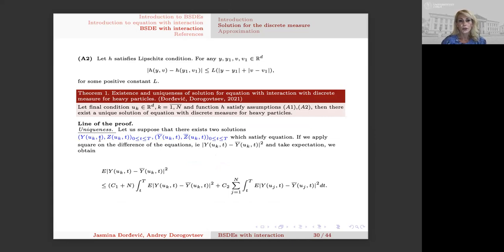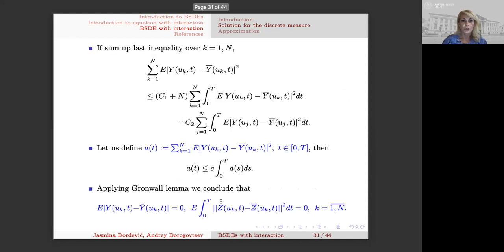Uniqueness is proved in a standard way. If we suppose that we have two pairs of random fields which satisfy BSDE with final discrete measure for heavy particles, then if we take the integral form of those equations, subtract them, and then apply square and expectation, we will have an inequality like this one.